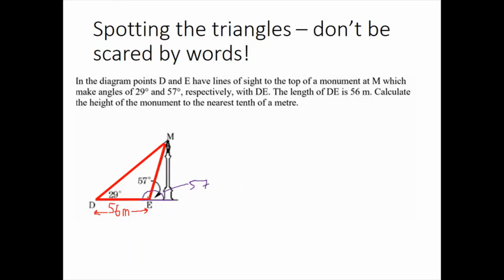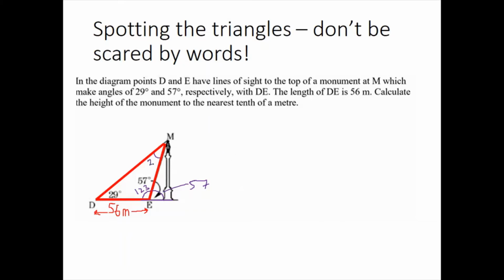So straight away, using a very basic bit of maths, that you were taught in year 7, angles on a straight line, you've worked out one of the angles inside this triangle. This angle therefore has to be 123. I can then say, because angles in a triangle add up to 180, the angle at the top has to be, I'm going to calculate, 123 plus 29, so that angle has to be 28.